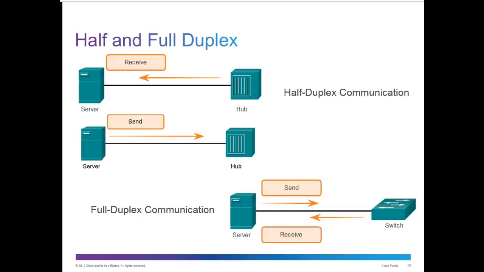Now we saw that the fiber cable came in pairs. One was for sending, one was for receiving. So fiber always runs in full duplex mode. Copper cables, when they get up to the 1,000 megabit speed, have to be in full duplex, so they're using all 4 wire pairs.